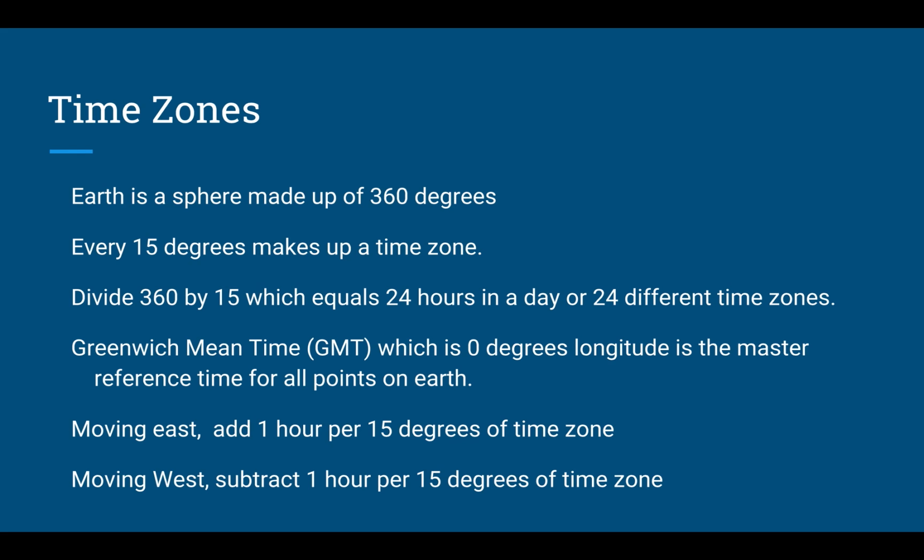If you go to the east of Greenwich, you will gain an hour or 2 hours or 3 hours or however many hours, depending on whatever time zone you are in. So once again, moving east, you add 1 hour per 15 degrees. Moving west, you subtract 1 hour per 15 degrees. So make sure that you write down all these bullet points in your notes.